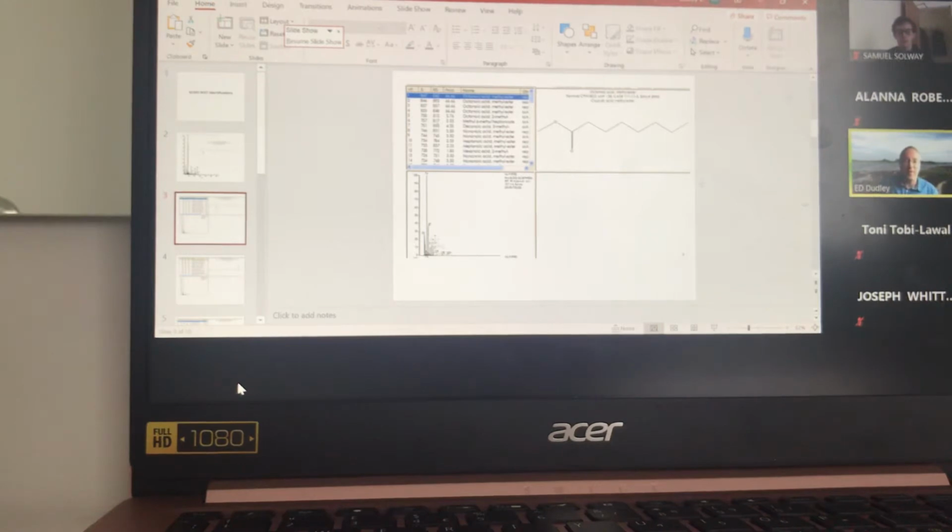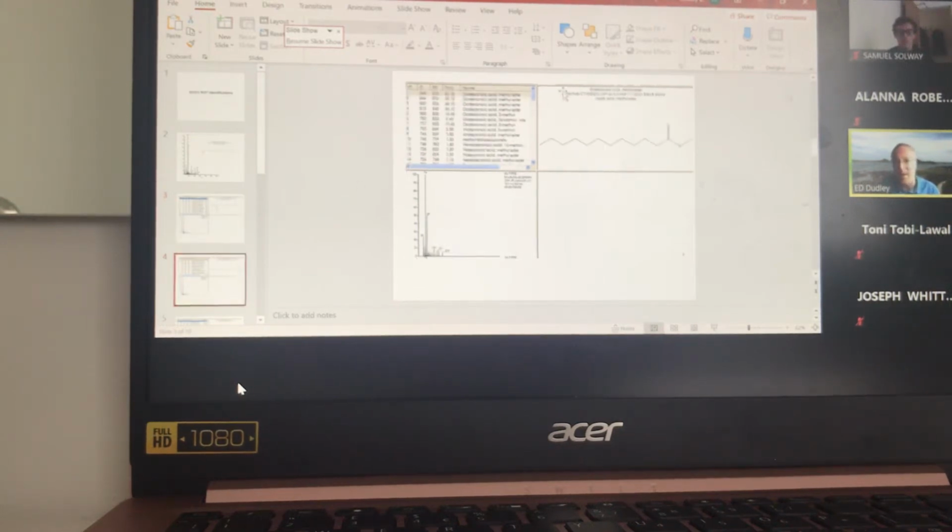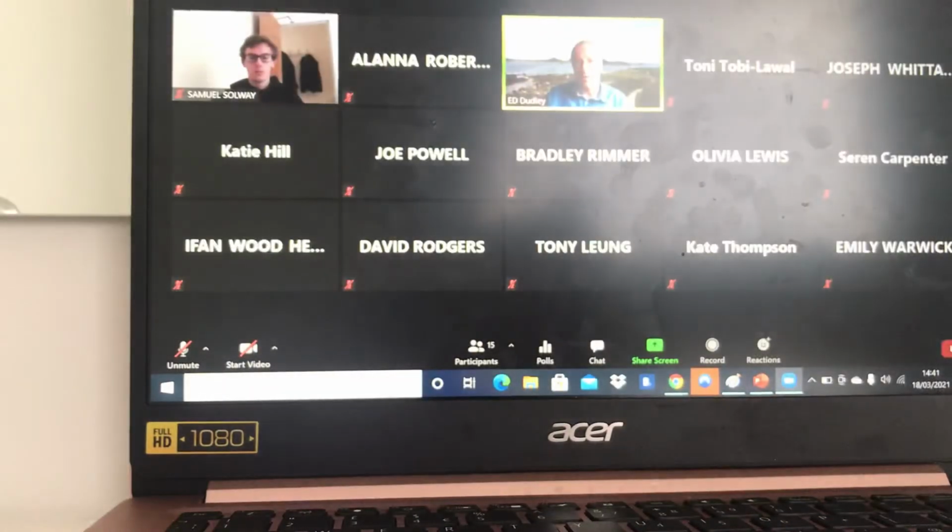So by comparing the mass spectra here on the NIST of known fatty acid methyl esters to the spectra at different retention times, you can work out which retention time is octanoic acid and which is decanoic acid, etc. By doing that comparison, you can identify which chromatographic peak in the data represents which fatty acid. Okay, so far so good?